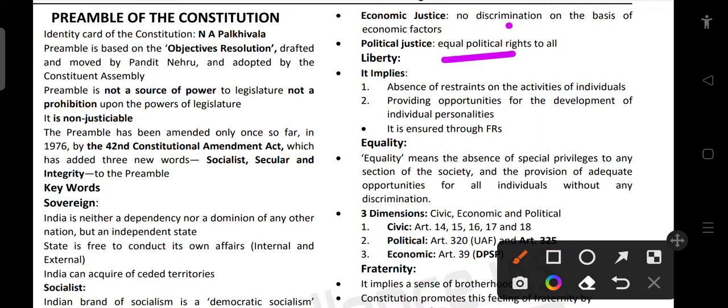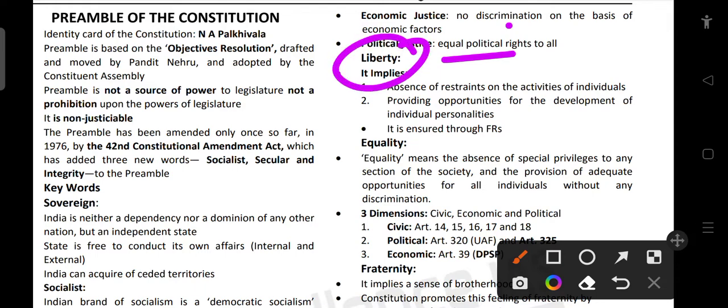If we treat everyone equally, no discrimination on the basis of caste or creed, which is social justice. Economic is giving everyone equal opportunity to earn a livelihood. Political is giving everyone equal right to participate, like the right to cast their vote and also take part in elections, which is called political justice.